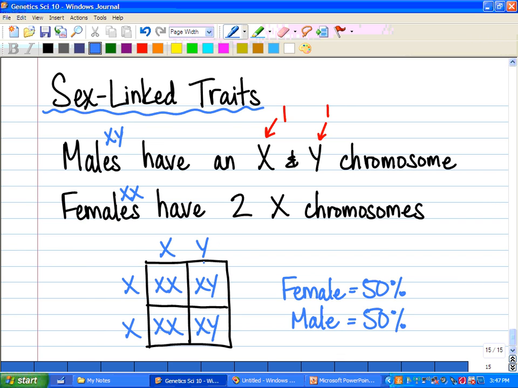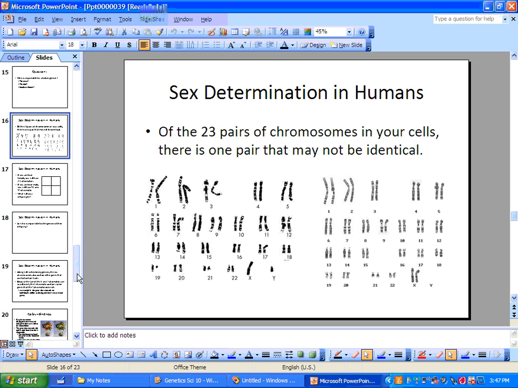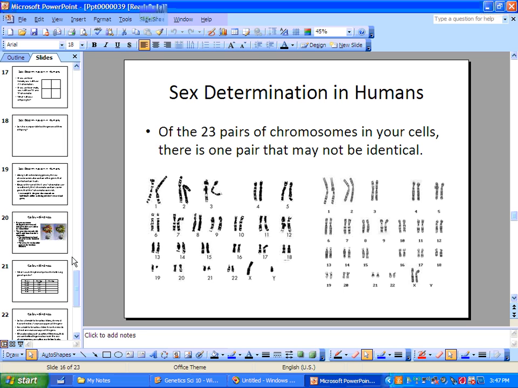That's all. What's kind of cool about sex-linked traits, though, is that sometimes these chromosomes can carry alleles that are responsible for some characteristics in people. So flipping back to this PowerPoint, don't copy this stuff down because I'll go back to the other screen, we'll write it down.